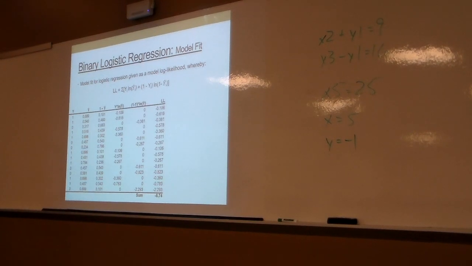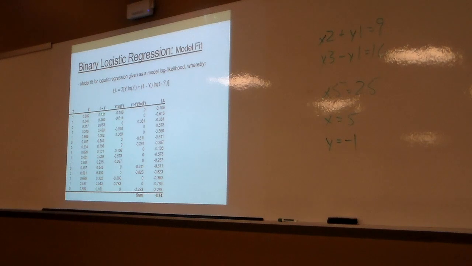This is what that table would look like, okay? I just want you to get a sense for how things are made. In this case, for case 1, I fell, right? Based on my model, my predicted value of my outcome is 0.899.